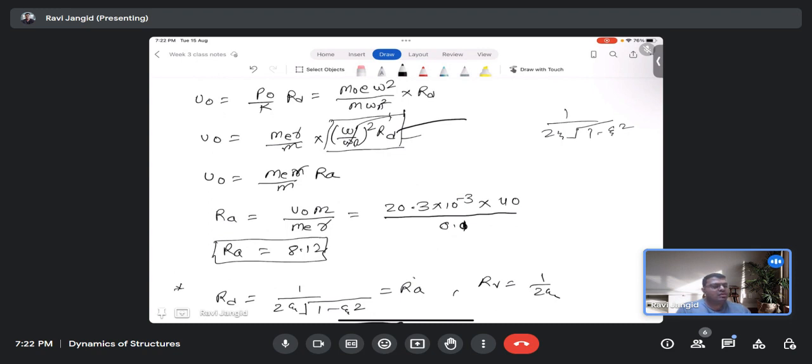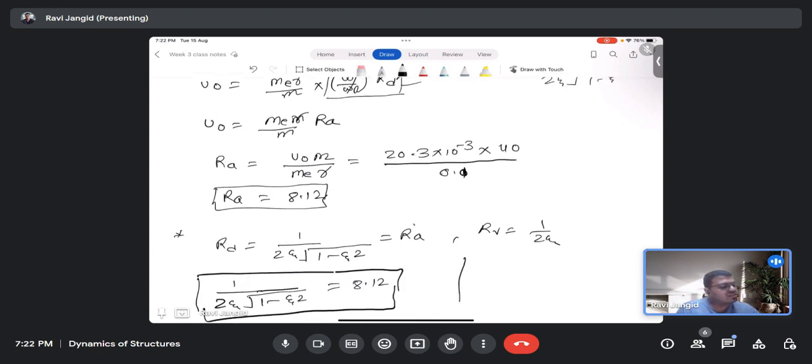Okay, and if you go to this, because these RD, RA, and RV values correspond to the resonating conditions, where the forcing frequency is given as, for RD, omega equal to omega n root of 1 minus 2 xi square, for RV omega is equal to omega n, and for RA it is omega n divided by root of 1 minus 2 xi square.